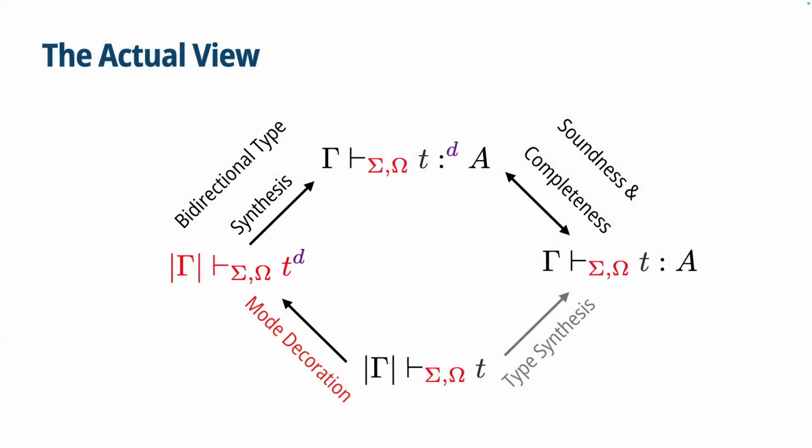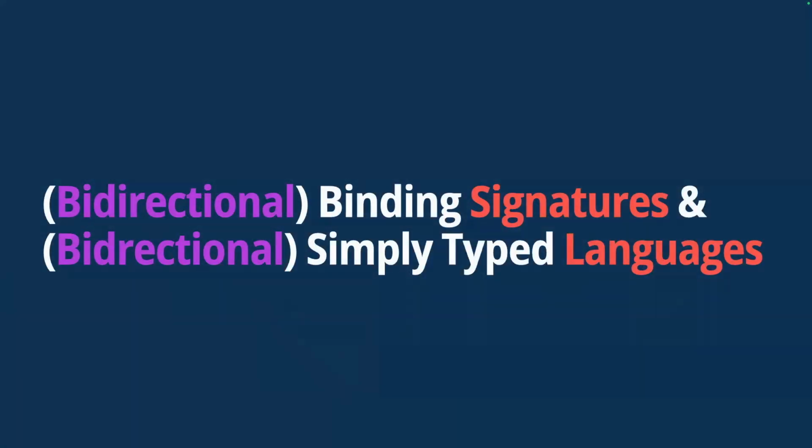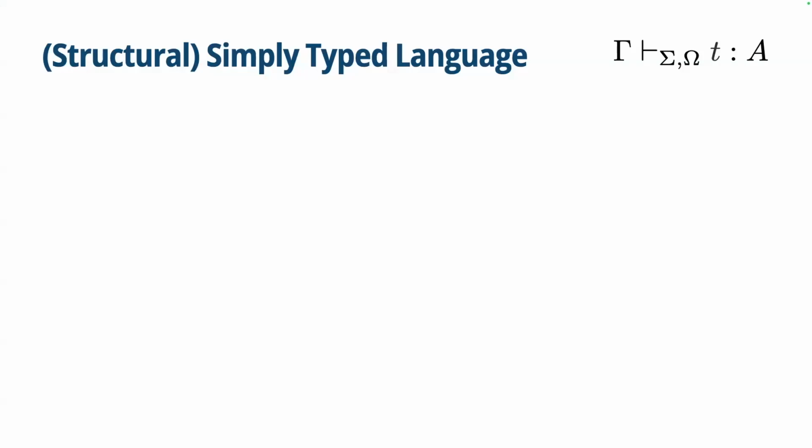I just let you know that it's not just a simple bidirectional type synthesis, one function defined for one goal, but we split it into two steps. Okay. So now you know the idea of bidirectional typing, and I'm sure that you have seen such implementations before. But in general, what is a language described by a binding signature?